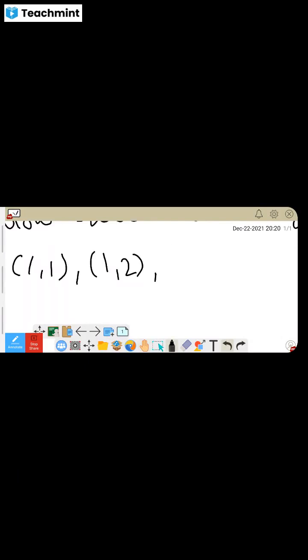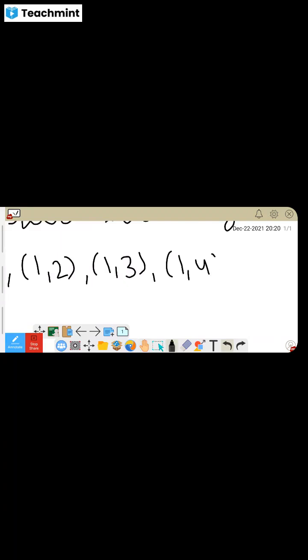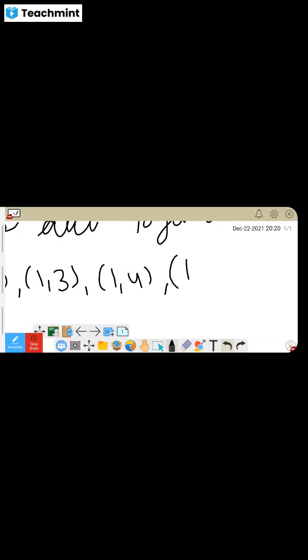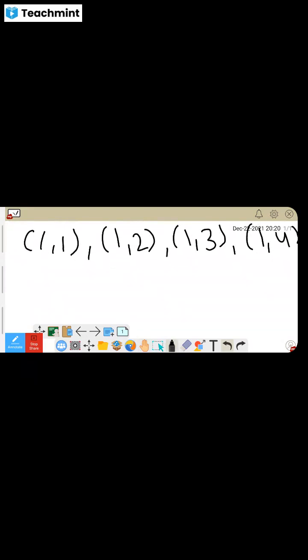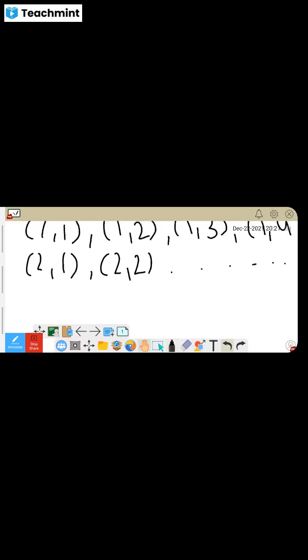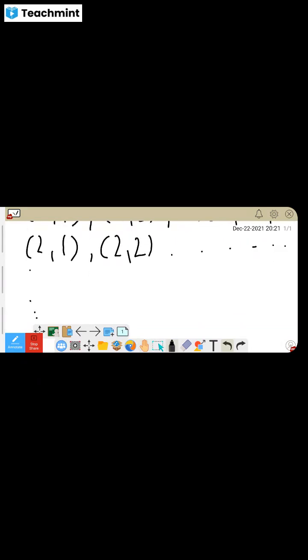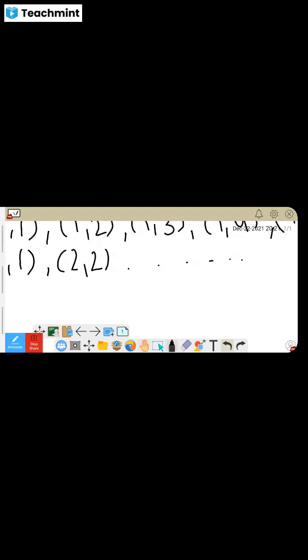It can have one on the first and 2 on the second, one on the first and 3 on the second. Similarly 1,4, 1,5, and 1,6. And similarly we have to do it till 2,1, then 2,2 till 2,6, and similarly till 6,1.